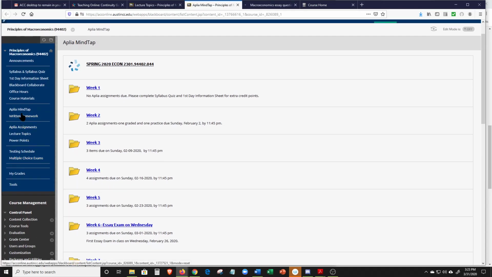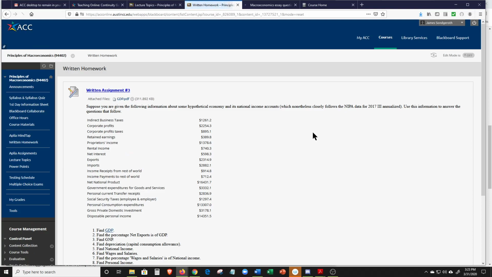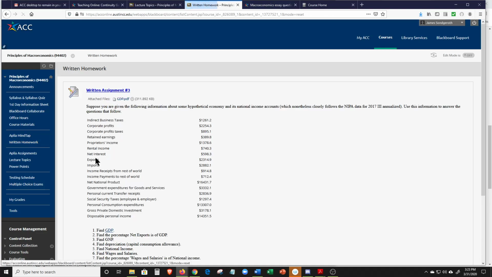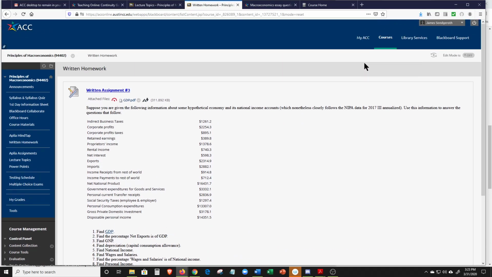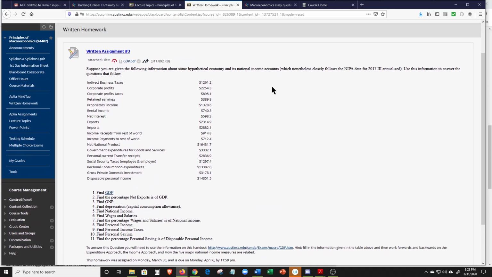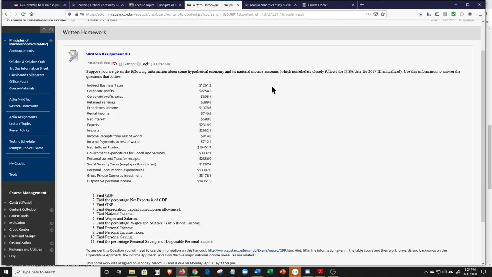So written homework assignments. I have the edit button off, so it's not showing the other ones. But here's written homework number 3. You can see the numbers are different.